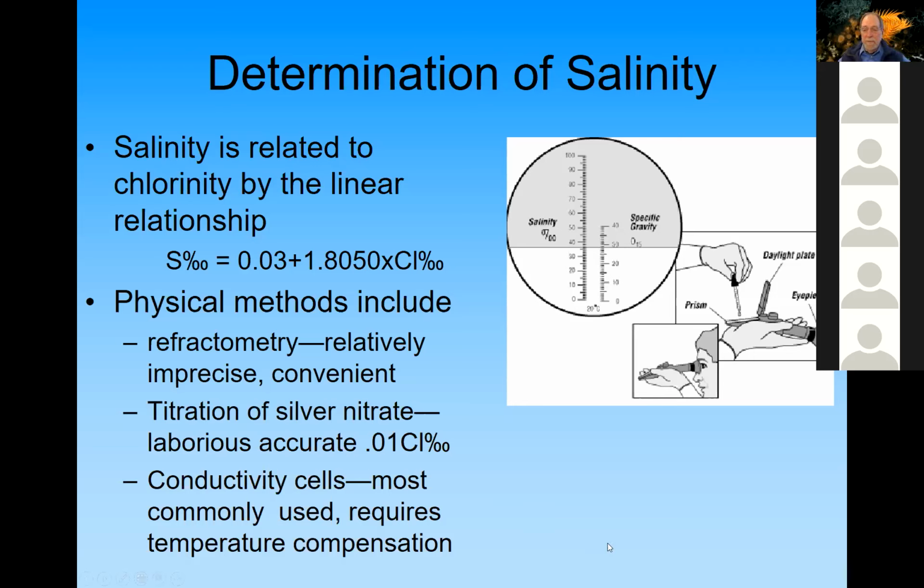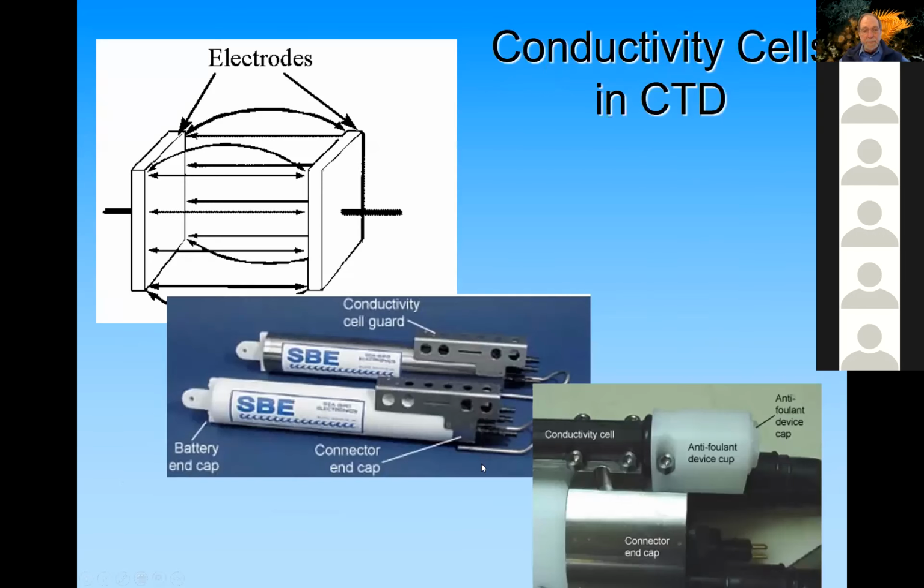By measuring the conductivity and applying various corrections, the tendency of an electrical current to be conducted across a cell of the water provides another very accurate method, actually even more accurate than the titration method.